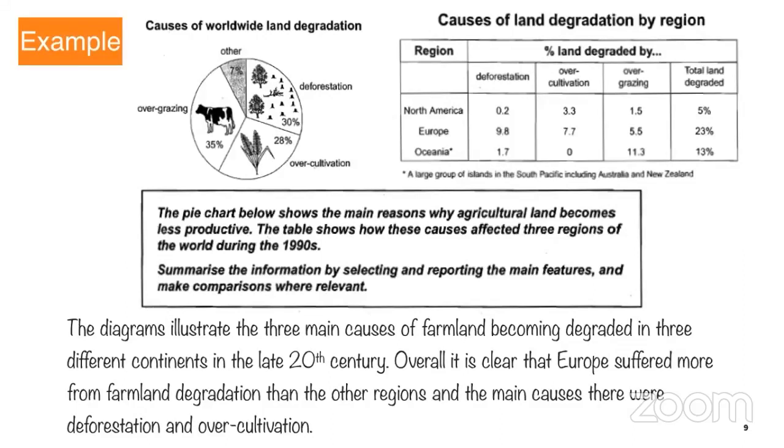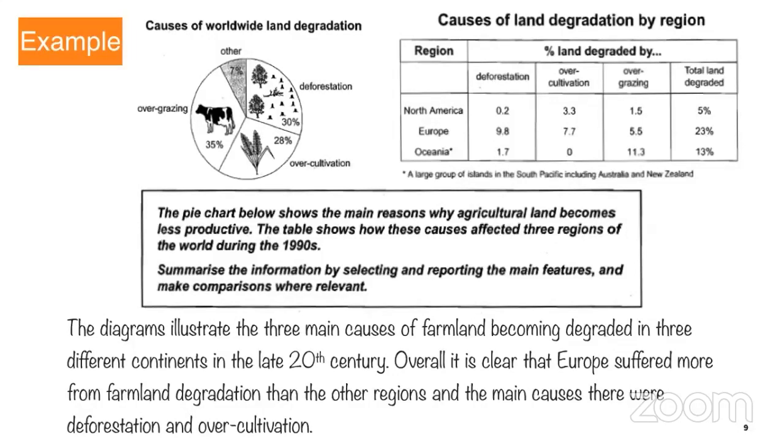So for example, if we're looking at Oceania, you might say that in the table, we can see that Oceania has 11.3% overgrazing, which is much more than the other countries, but it has 0% for overcultivation. So you can make some kind of comparison there, and 1.7, so that's quite low, in the middle of these 3 for deforestation.